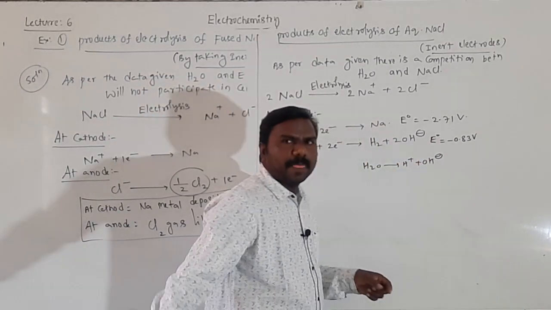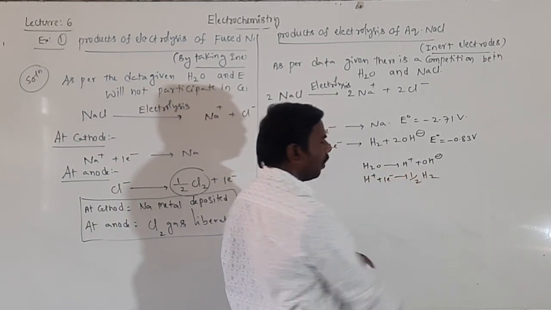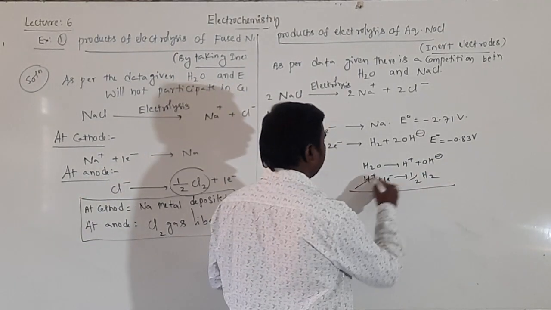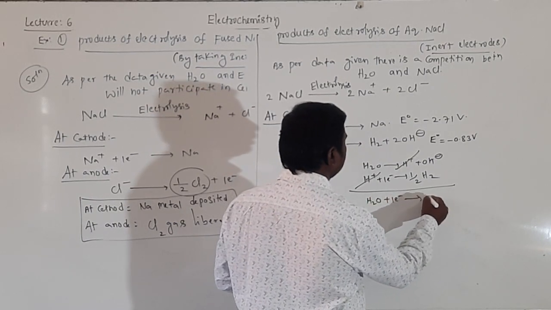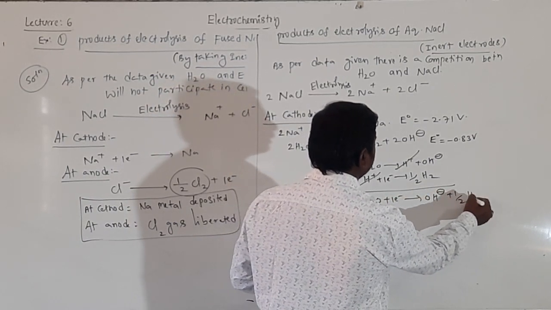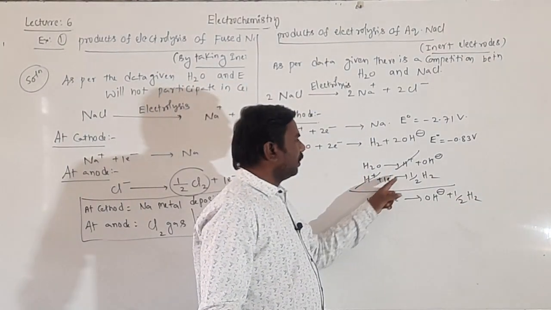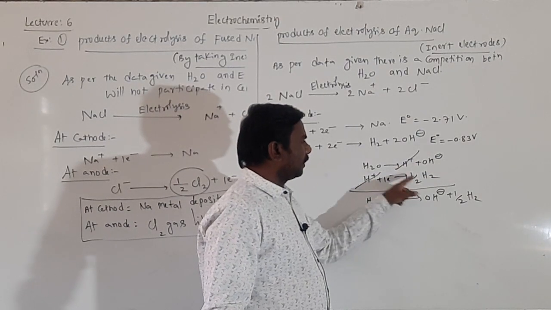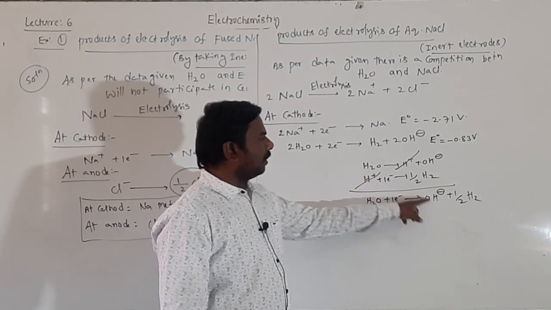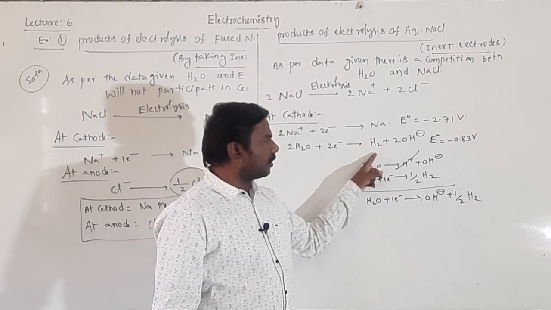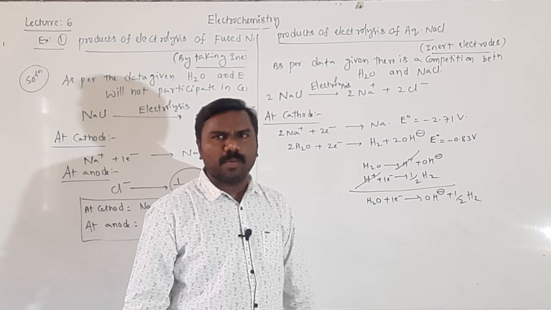This H plus gains 1 electron, then forms half H2. Taking the net equation, H plus cancels: H2O plus 1 electron gives OH minus plus half H2. I took 2 H2O and 2 electrons, so half H2 becomes 1 H2 and 1 OH becomes 2 OH. Like this also you can, no problem.